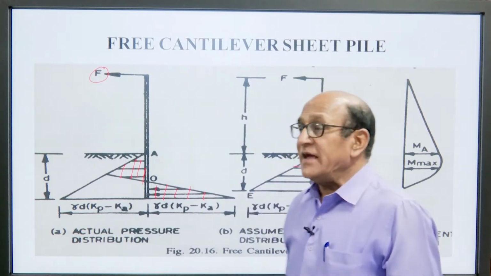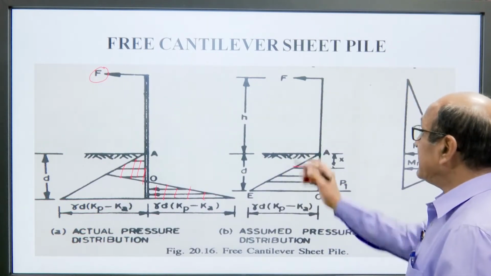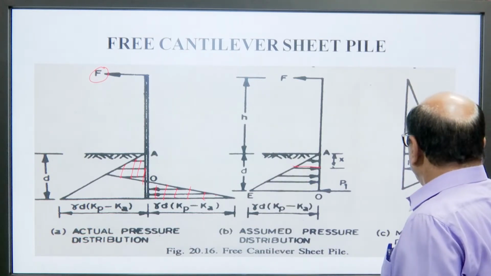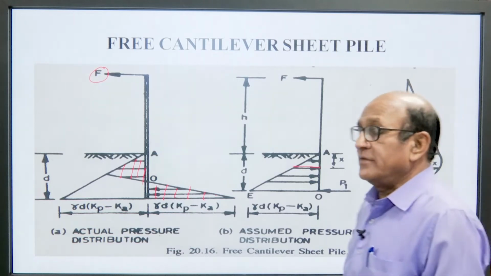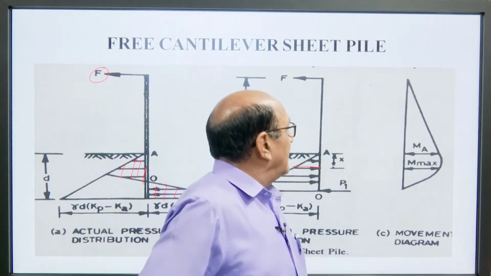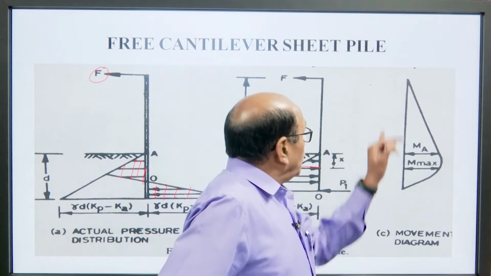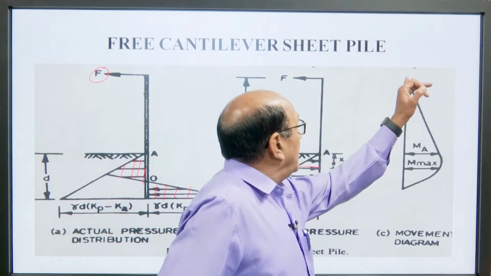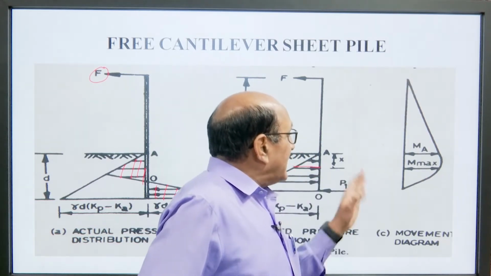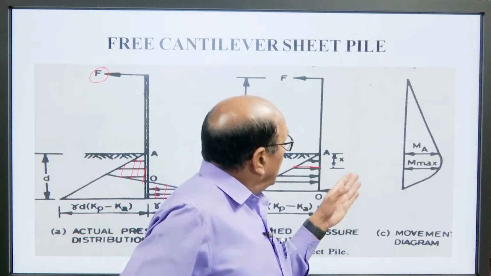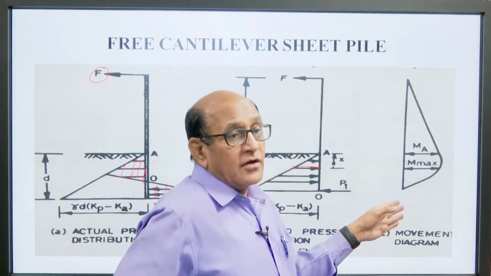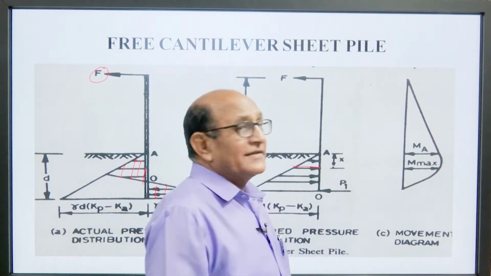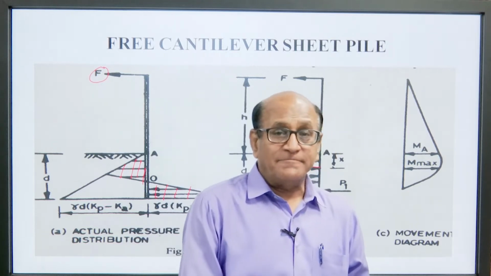So, we can see here this is the pressure distribution of a sheet pile. Now, this is the diagram of moment and we can see here from top or bottom the moment is going to increase. The maximum moment could be attained at this point, that is x from the dredge line.